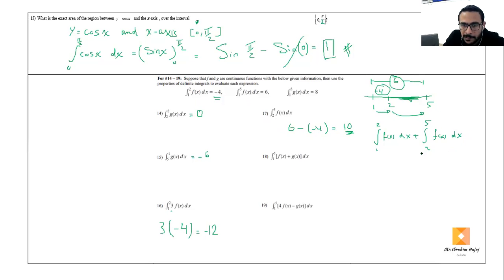Now it becomes from 1 to 5, not 2 to 5? We take the first one, flip it, and add it as positive. So it's 2. Yes, exactly. 6 minus 4 is 2. Okay, it's finished.